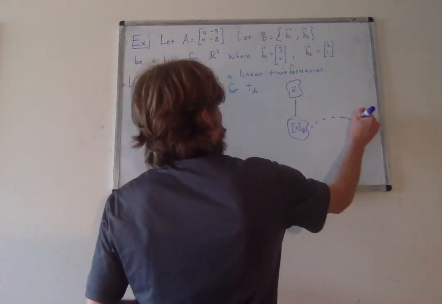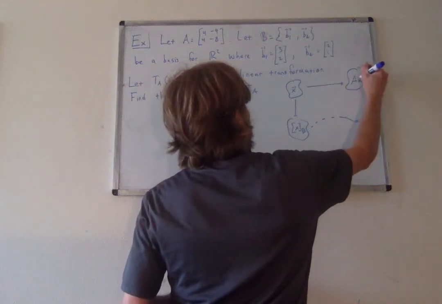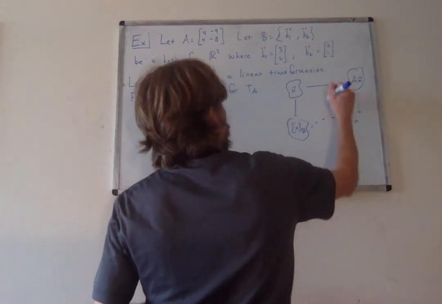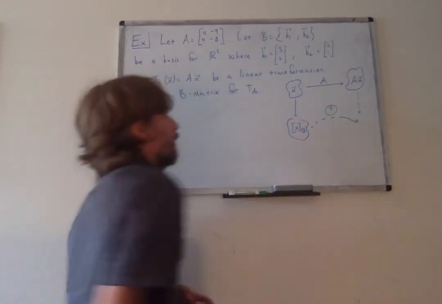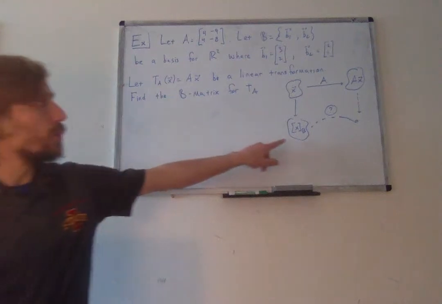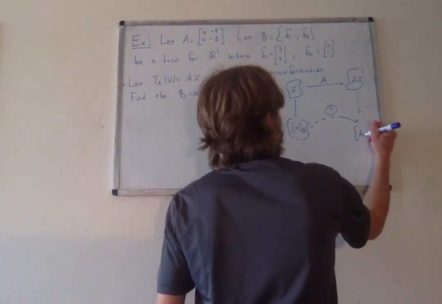We want to find this matrix that is mapping the B representation of x to the B representation of A times x.